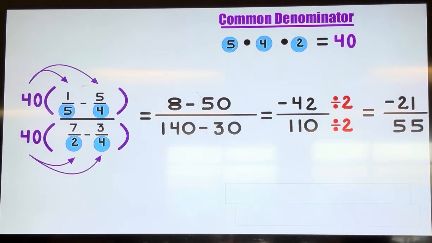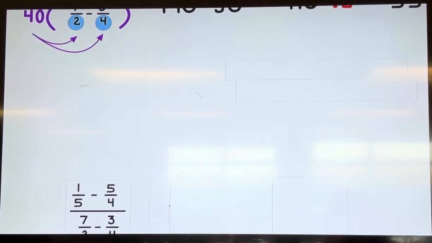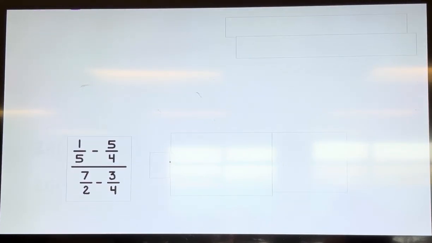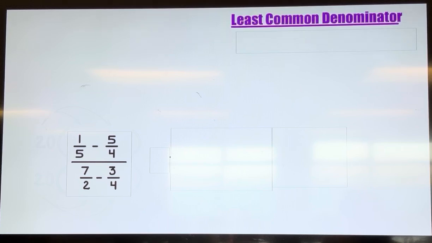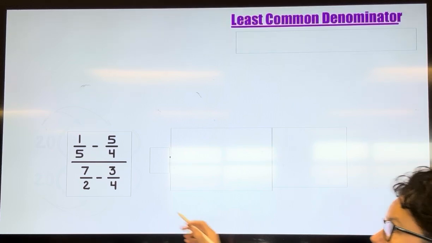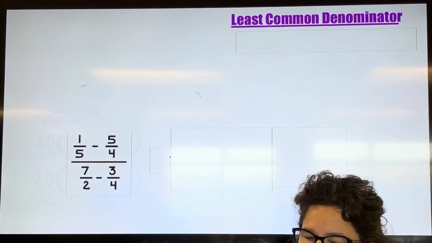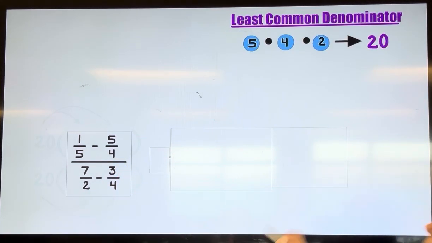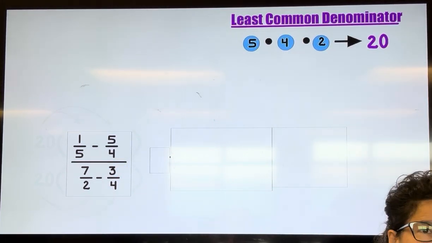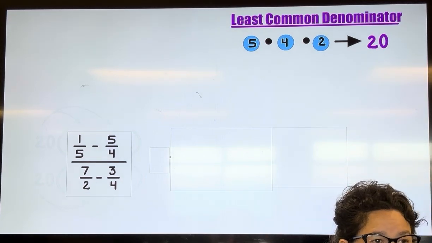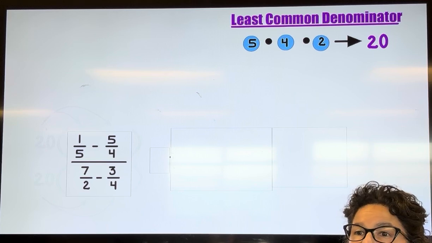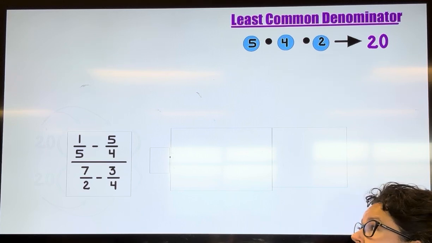I do want to contrast that with what if I would have found the least common denominator. So the smallest number that 2, 4, 5, and 4 all fit into is 20. And so if finding the least common denominator, if you can think of a number a little bit smaller that they all fit into, by all means use that number.